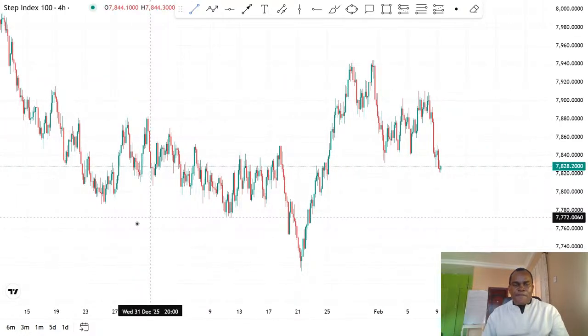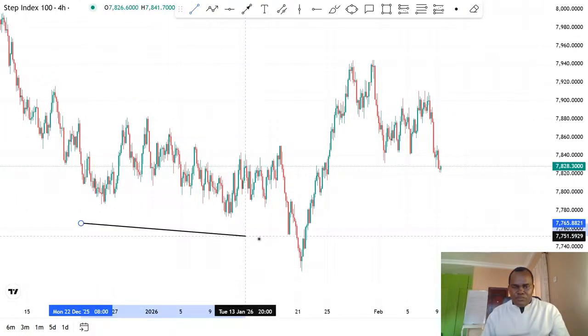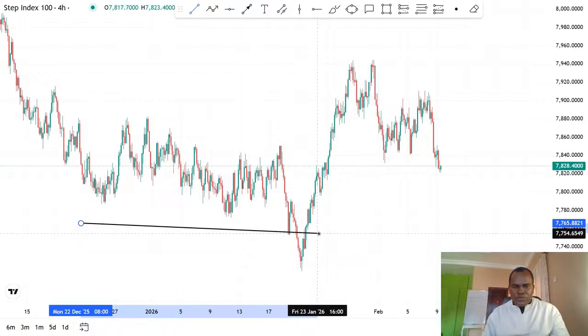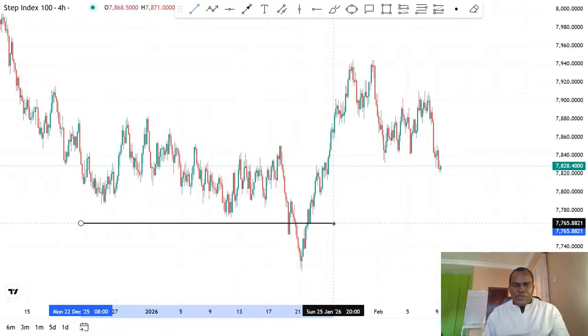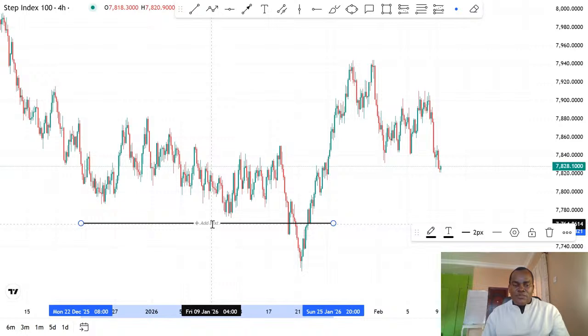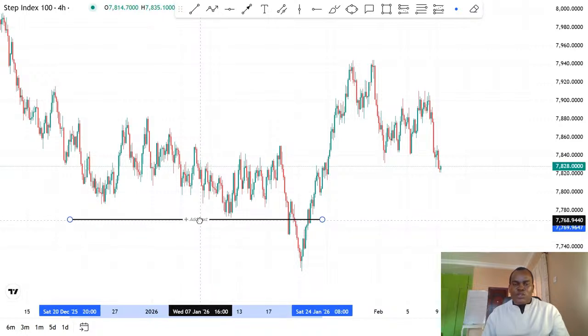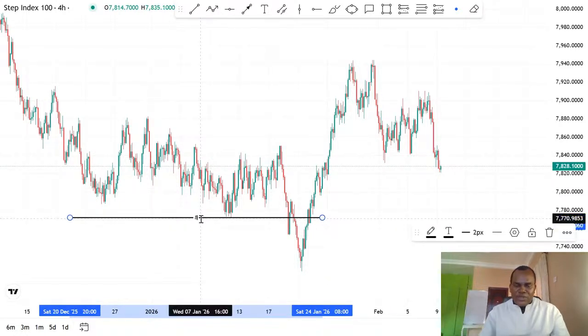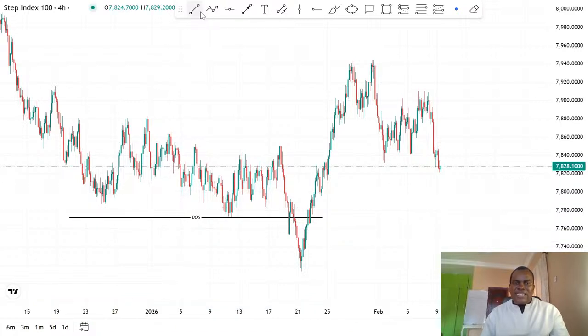I have my bearish break of structure down here. The reason why I will always mark the BOS is that's what tells me the direction actually. I have this, and then I need to have a benchmark. I have my resistance.